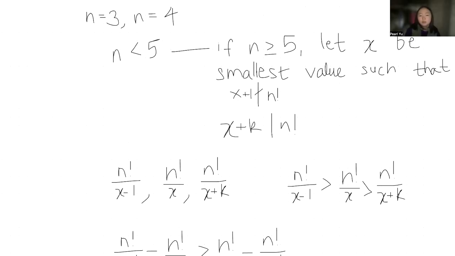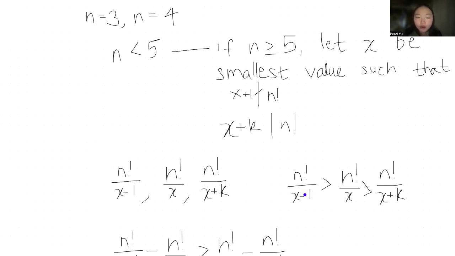Now note that if you consider n factorial divided by x plus 1, n factorial divided by x, and n factorial divided by x plus k, then we can note that this equality must hold true.